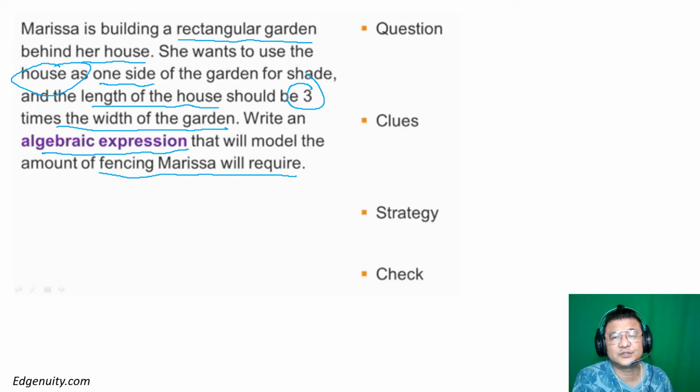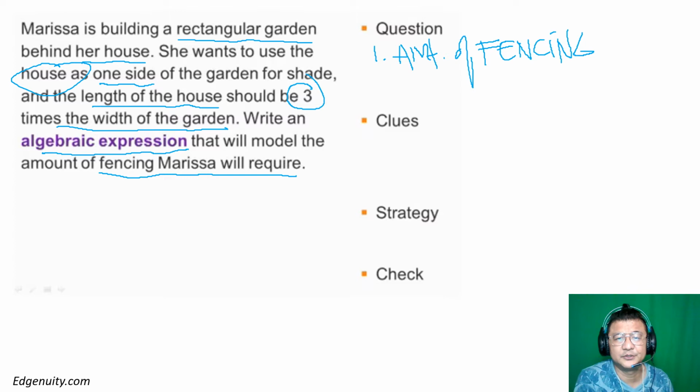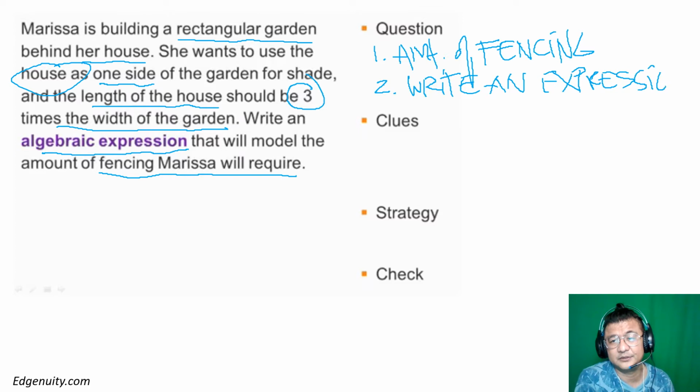Okay? So question, we want to know the amount of fencing Marissa would require. Number 2, we have to write an expression. Expression doesn't have an equal sign. Remember that.